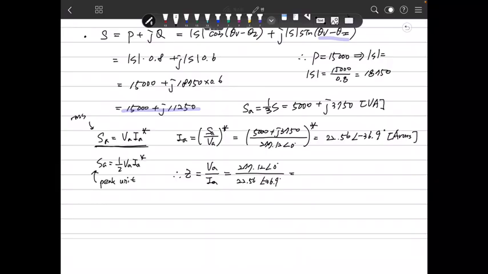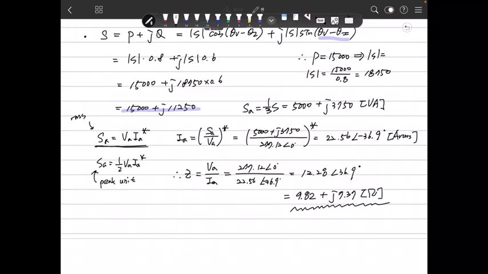So the result is 12.28∠36.9 degrees, which is 9.82 plus j7.37 ohms. This is the phase impedance Z of the balanced load.